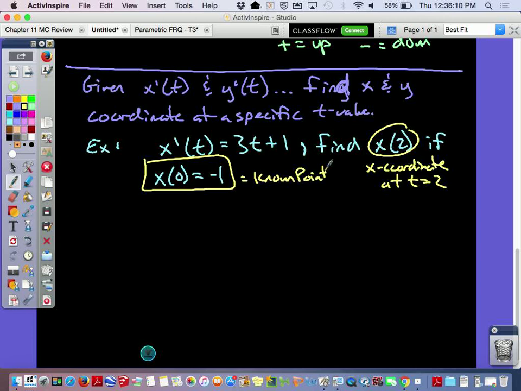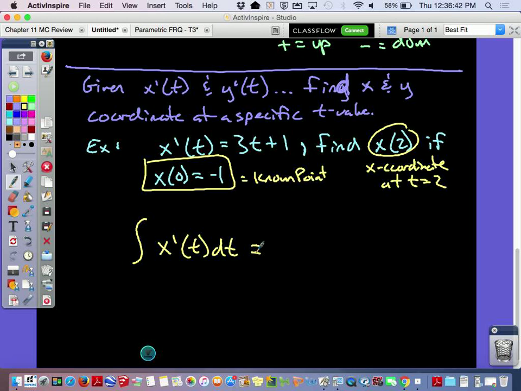Okay, so we're going to use this known point, and the way that we're going to do that is with an antiderivative. We're going to use the integral here because we have to go from the derivative back to the original function. If I think of doing the integral of x prime of t dt, this should give me back x of t. But there's a way I can do this without finding plus c and actually not even having to deal with the antiderivative.